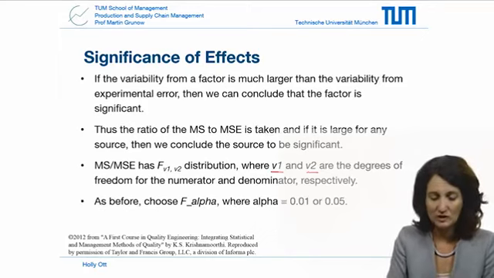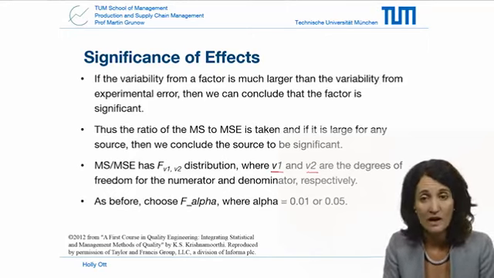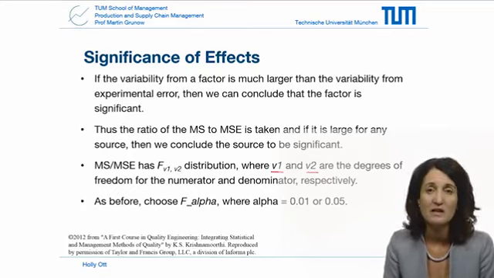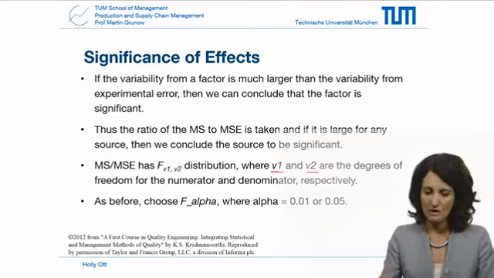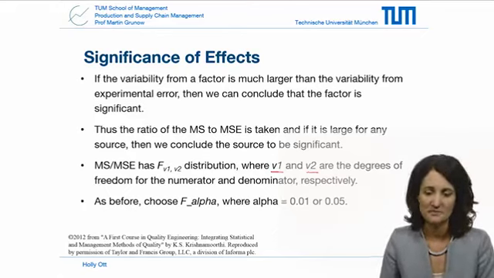Again, what we'll do is look in tables where we're choosing tables for F alpha, for example alpha equals 0.01 or 0.05 for 99 or 95% significance. So let's do our example and you'll see how simple this is.